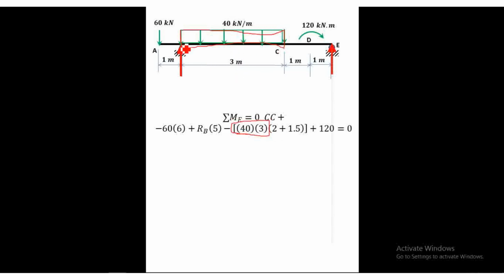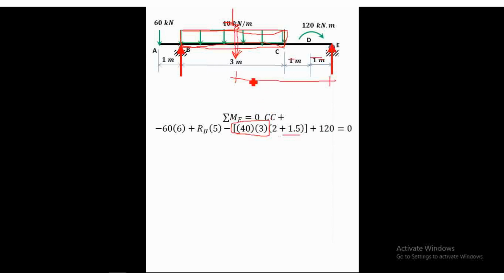Kapag nakuha nyo na yung area nitong uniformly distributed load, ang makukuha ninyo is the resultant. Ito yung 40 times 3, itong kulay red na arrow na ito. Now, yung distance nitong resultant na to hanggang kay point E is 1/2 of this 3, that is 1.5, plus itong 1 and 1, kaya 2.